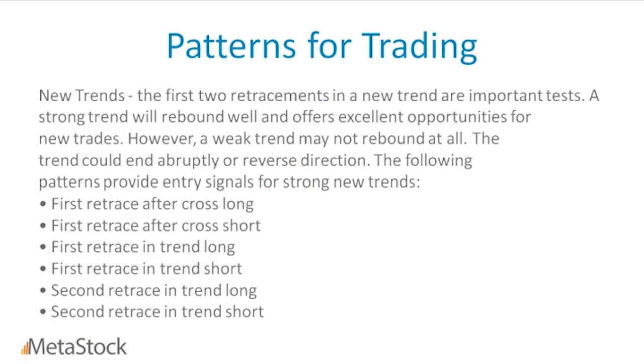As I get into this, we're going to talk quite a bit more about how this works. But really, according to the wave counts that Barry defined for us, we found patterns for trading, and I just put them up on a slideshow. I'm not going to read them all off to you, but obviously if a trend is new, it's going to have better opportunities for that trend.